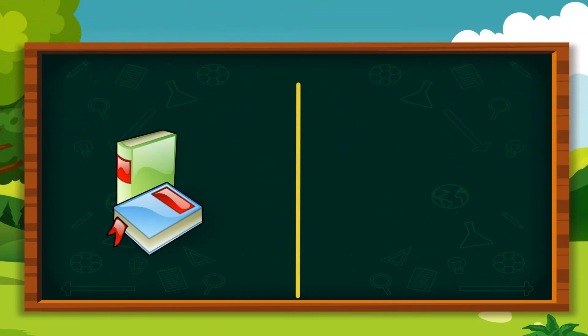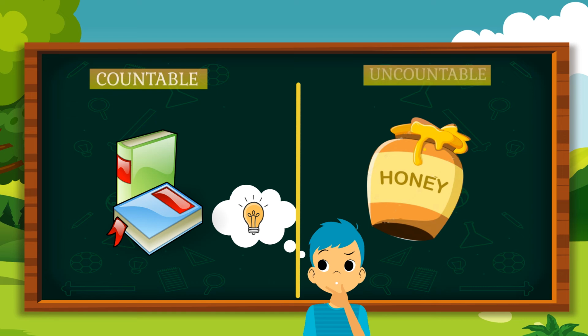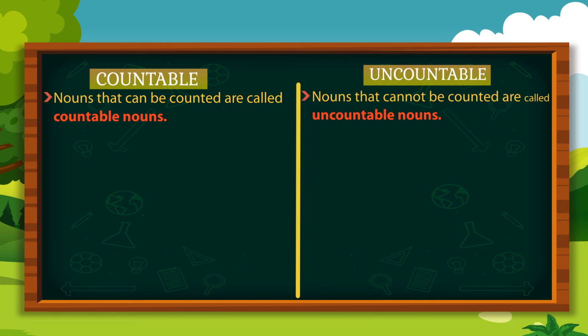There are many nouns that can be counted, while there are some nouns that cannot be counted. So, our next topic is countable and uncountable noun. Nouns that can be counted are called countable nouns, and uncountable nouns cannot be counted.